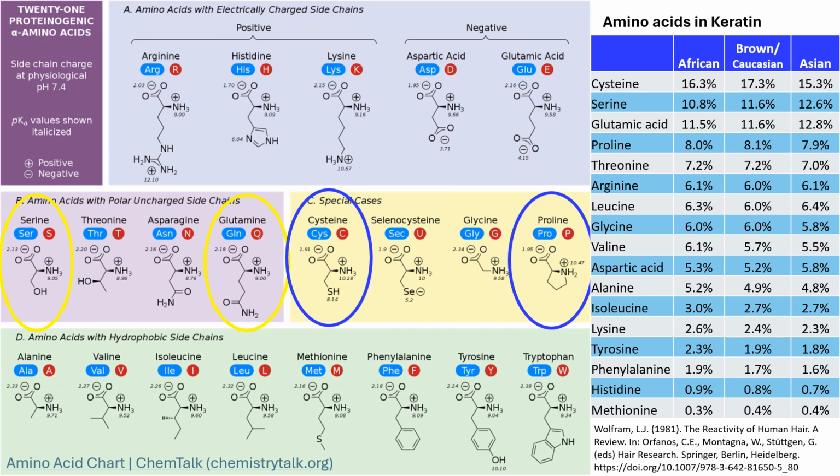And keratin is an amino acid sequence, and it's made up of these different amino acids. This is what the analysis of keratin from humans has shown in terms of the amount that's present, and we'll just look towards what's special about those amino acids.